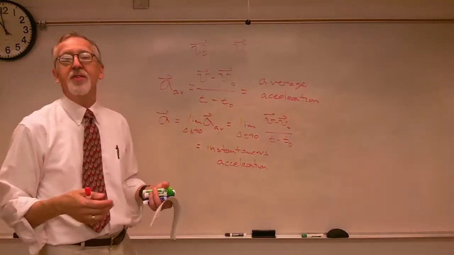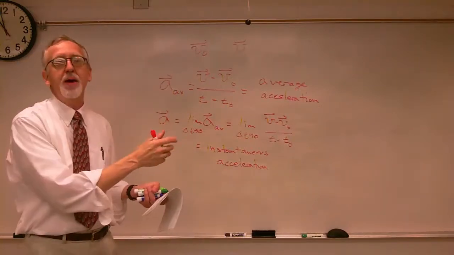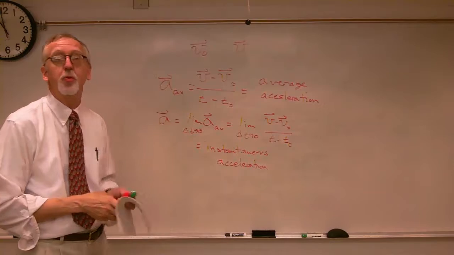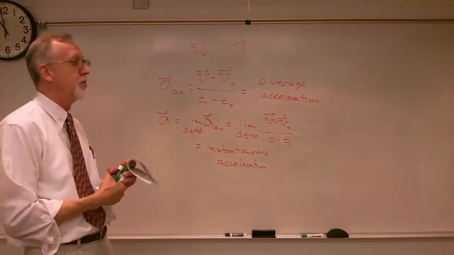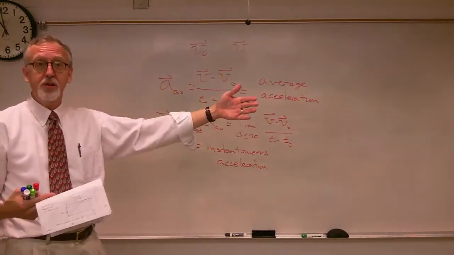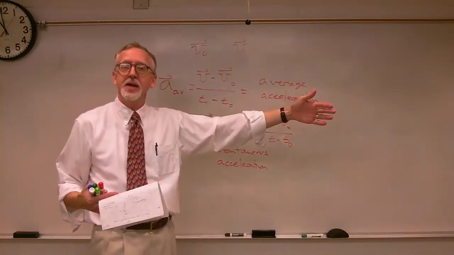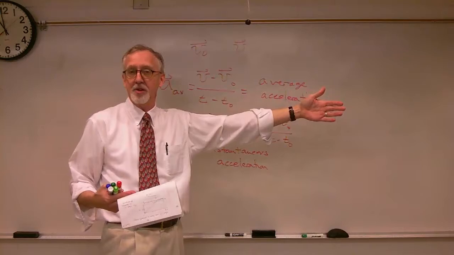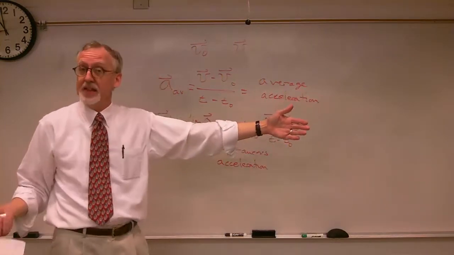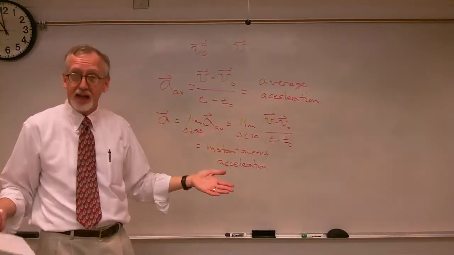Typically, we usually think of an acceleration when something is speeding up, and when something is slowing down, we call that a deceleration. However, in physics, we're not going to use the term deceleration. We'll talk about a positive acceleration. Say if something is moving to the right and speeding up, we'll call that a positive acceleration. If something is moving to the right and slowing down, that's still an acceleration, but we'll just call that a negative acceleration.